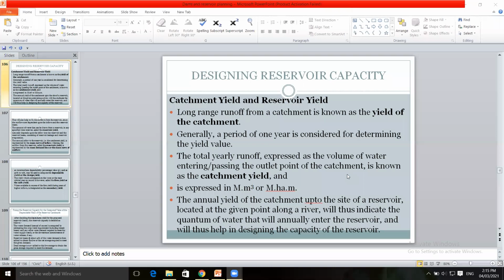This will indicate the quantity of water that will annually enter the reservoir, and that will help in designing the capacity of the reservoir. At a given fixed location along the length of the river, the annual yield of the catchment is measured.